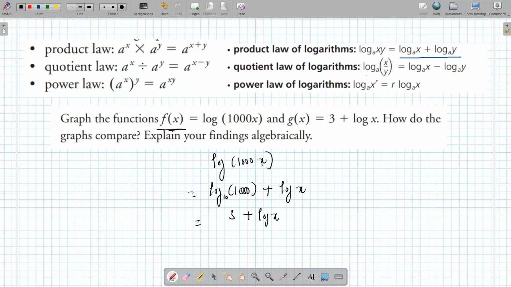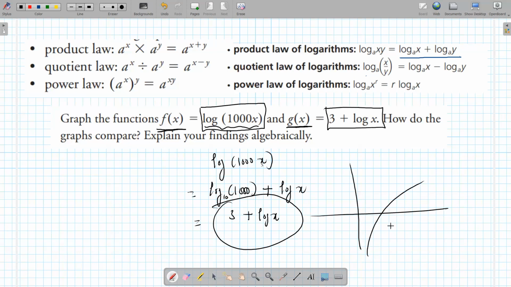So even though f and g are completely different functions, initially anyways, ultimately they're the same. If you were to type log of 1,000x on Desmos and 3 plus log x, they would be the exact same graph, because we've just proved that they are the same.